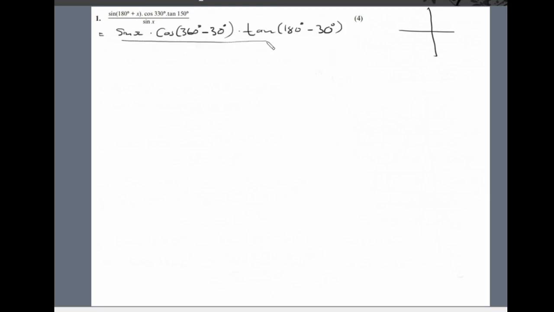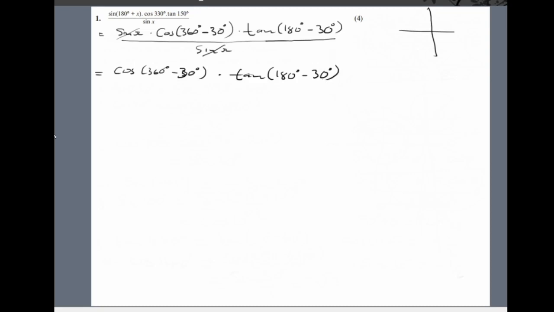Okay, and then divide with sine x, right? And then this sine x and that sine x will cancel, we will remain with cos 360 minus 30 times tan 180 minus 30.